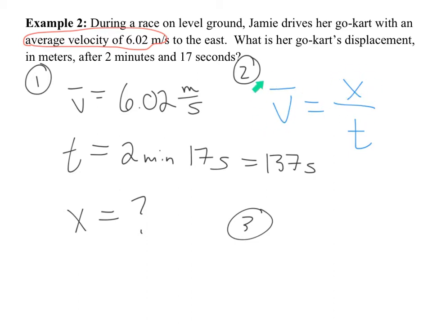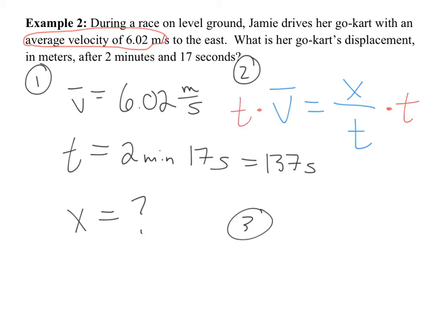If this was a number and this was a number, how would I solve for the missing variable x, Natalie? Yeah, whatever this would be. If this were 5 and you're dividing by 5, you multiply by 5 here, multiply by 5 here. So since time is some parameter, some value, let's multiply by time on both sides. Okay, let's all do this.